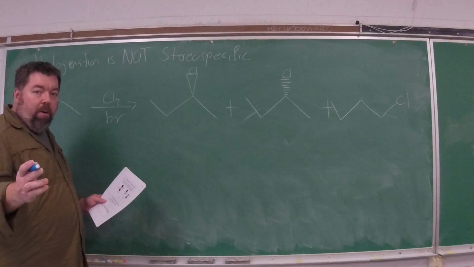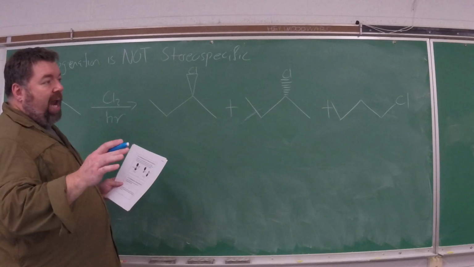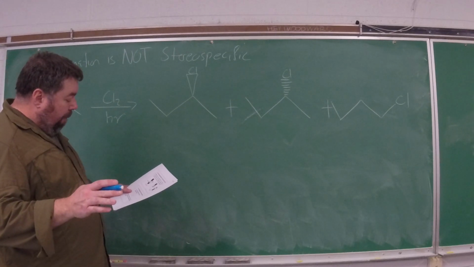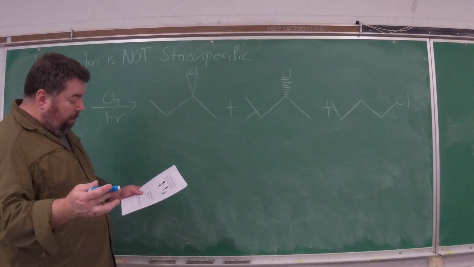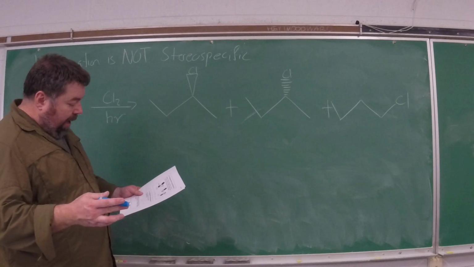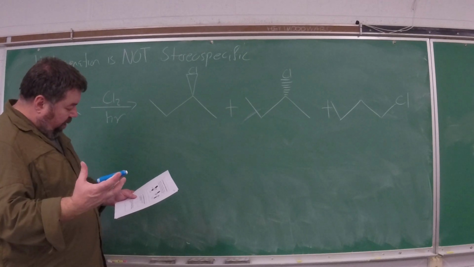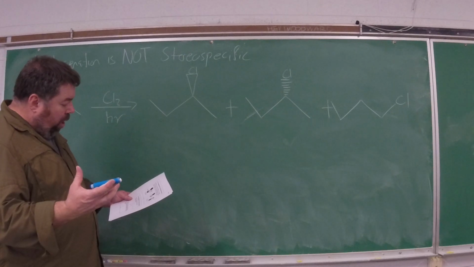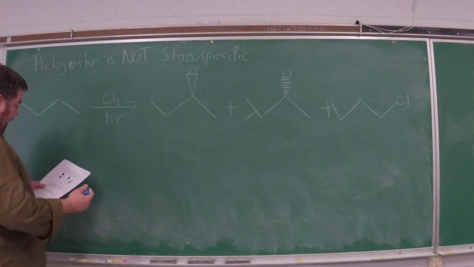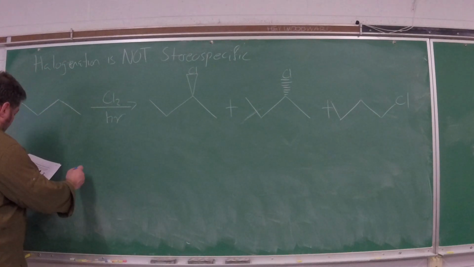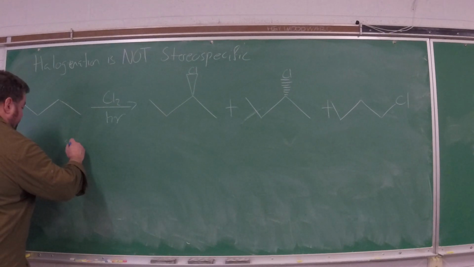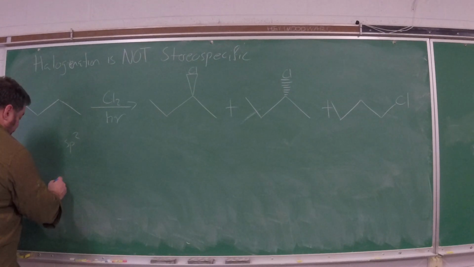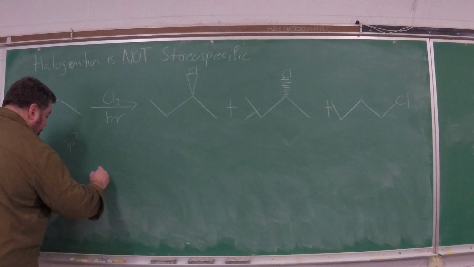Remember when we started out, we drew that the radical could either be sp2 hybridized or sp3 interconverting, okay? I'm going to draw the sp2 hybridization. Remember, we can look at it either way.